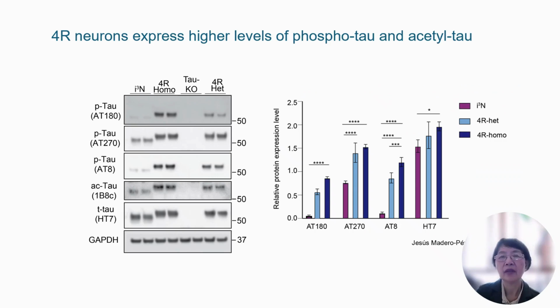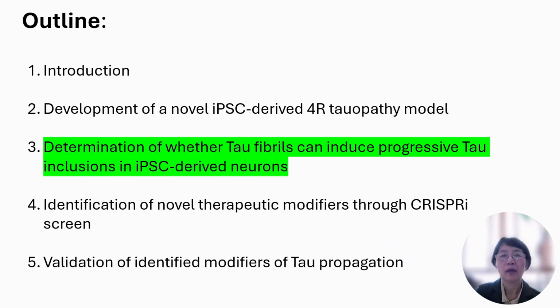Further analysis of neurons derived from these lines revealed that 4R lines show significant increases in disease-associated post-translational modifications, including tau hyperphosphorylation at multiple residues and acetylation at lysine 174, which is known to block ubiquitination at this site and thereby prevent tau degradation. We then asked if the modified iPSC-derived neurons develop progressive tau inclusions when seeded with tau fibrils.